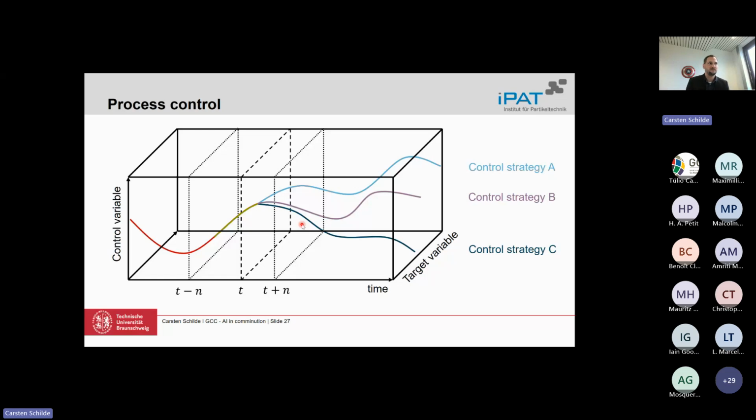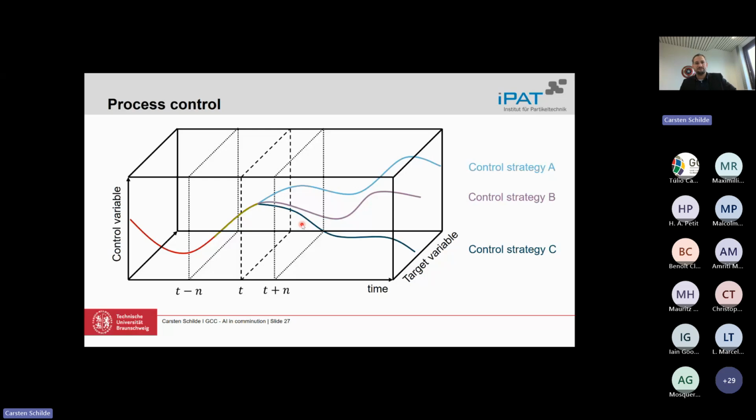That means we have a continuous adaptation of our future states at different time steps in the future, and depending on the combination of different time steps in the future, the model will choose how to adapt the process parameters now.